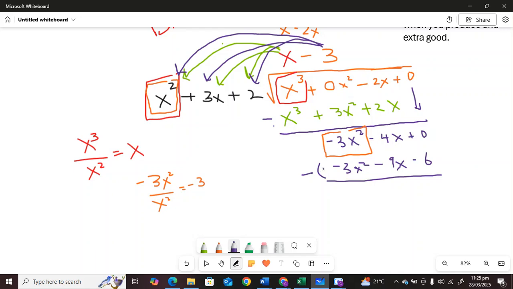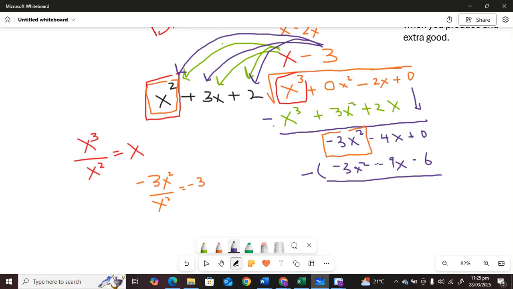So it's like negative 3x squared plus 3x squared, you get 0x squared. Then we've got negative 4x minus negative 9x.